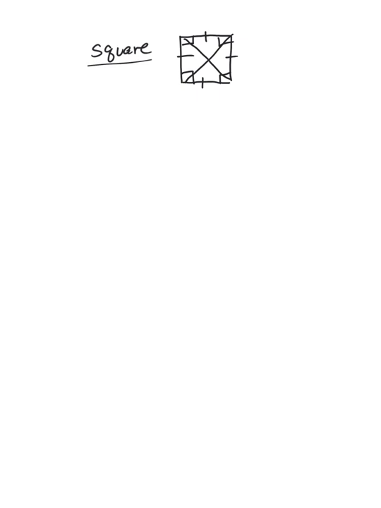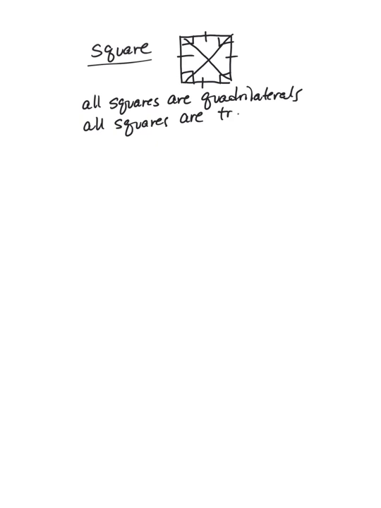So number one, all squares are obviously quadrilaterals. All squares are trapezoids because you have the properties of a trapezoid. All squares are isosceles trapezoids.